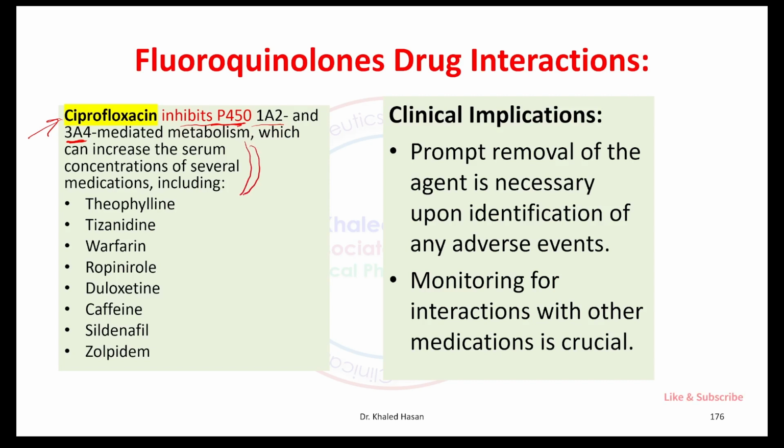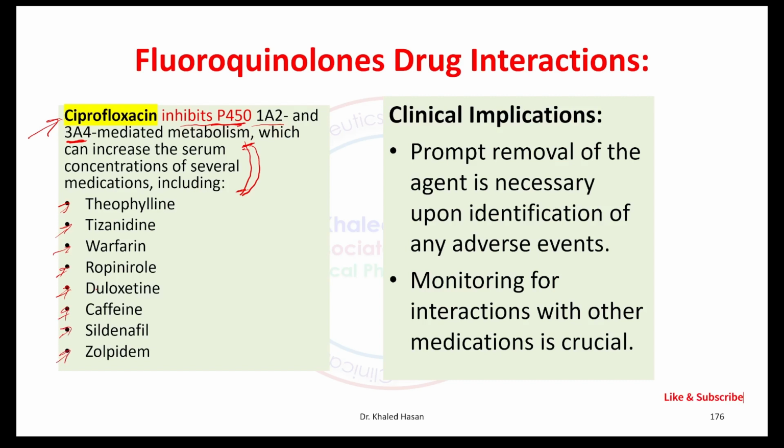So I will repeat this again. Ciprofloxacin inhibits cytochrome 1A2 and 3A4, and these enzymes are responsible for the metabolism of several medications. Some of these medications are theophylline, tizanidine, warfarin, ropinirole, duloxetine, caffeine, sildenafil, and zolpidem.